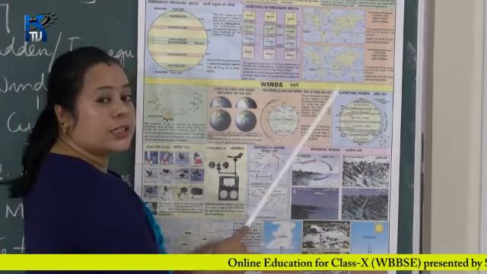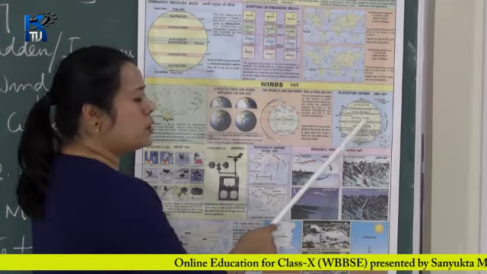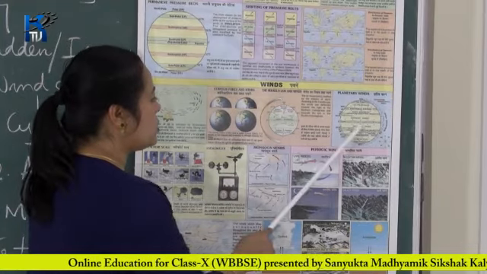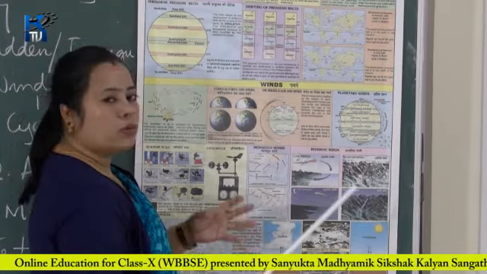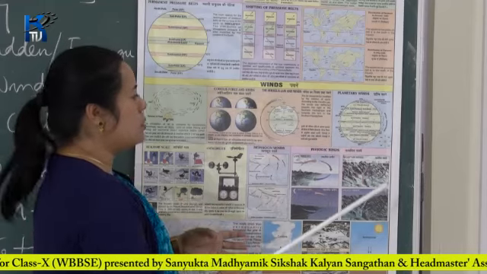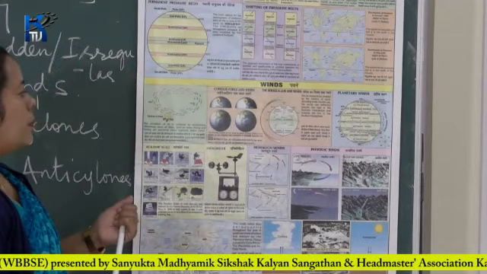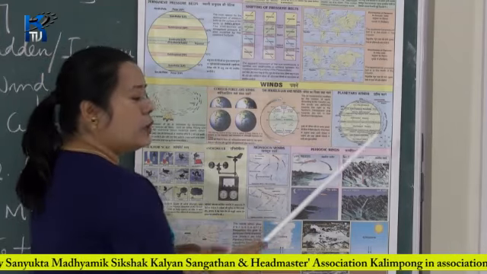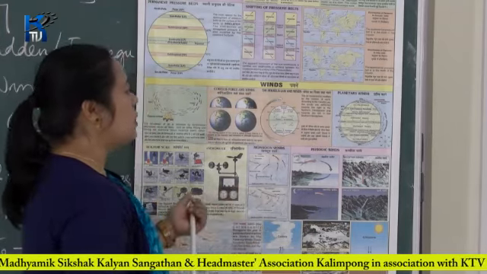Northeast trades bring rain in the eastern part of the continents, but southeast trade winds do not bring moisture, so they do not cause rain. That is why most of the deserts are located in the western part of the continents.